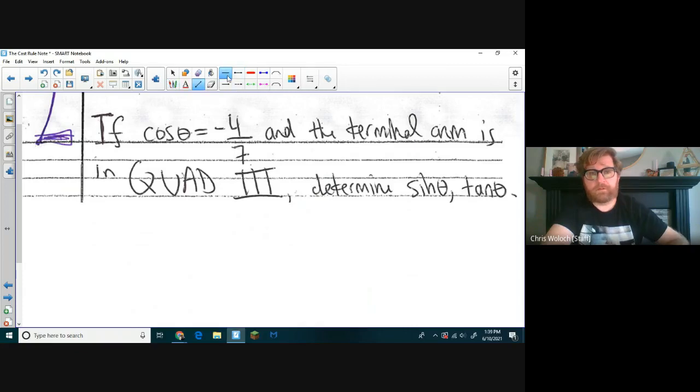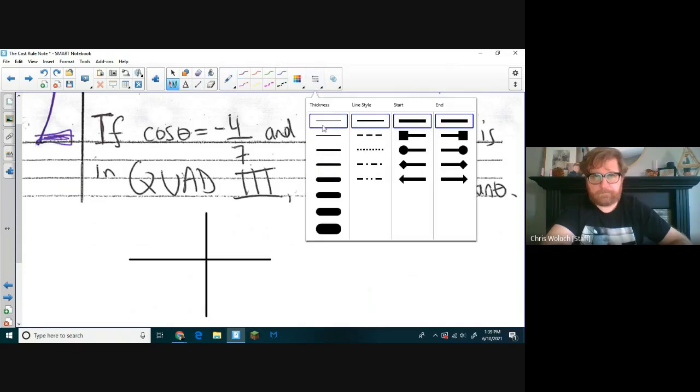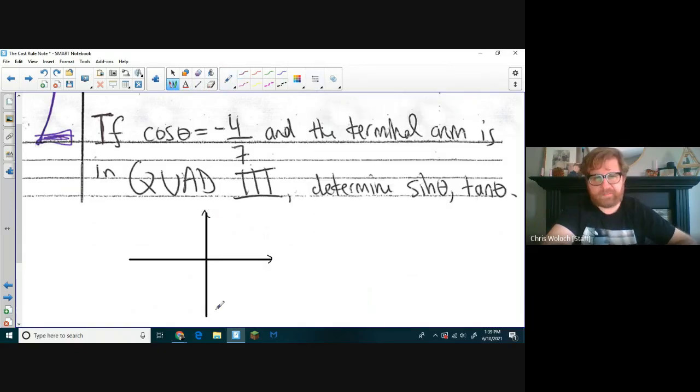So here what I'm going to do is just draw myself a little picture. Again, notice it doesn't tell you explicitly to draw a picture, but if you look at the lessons that we've done yesterday and today, drawing a picture is key because it's going to help you understand where you are, which will then determine the angles that you're looking for or the ratio they're trying to find.